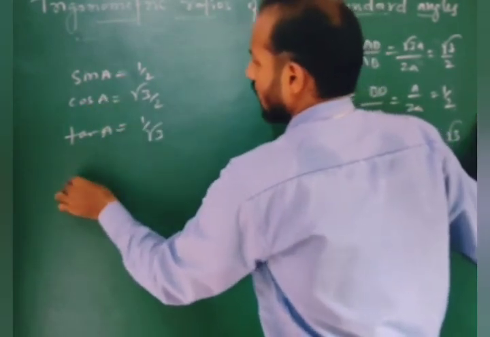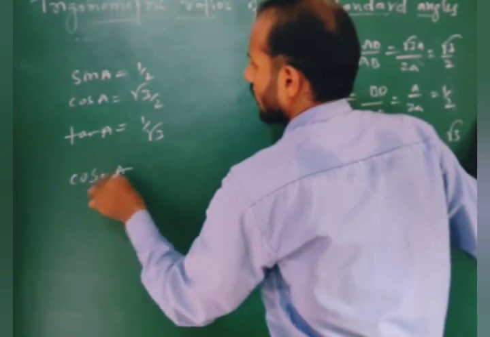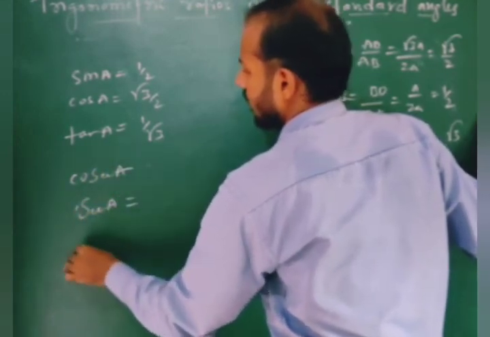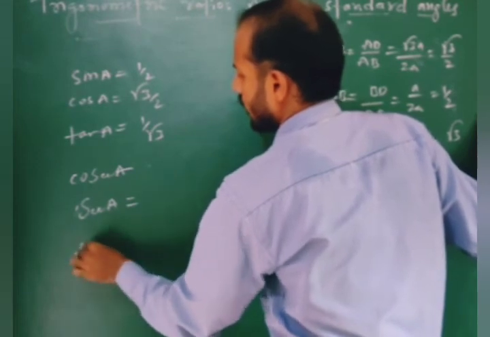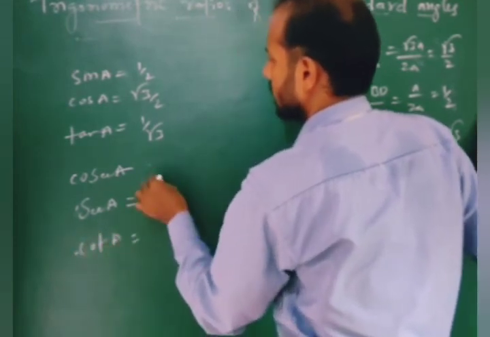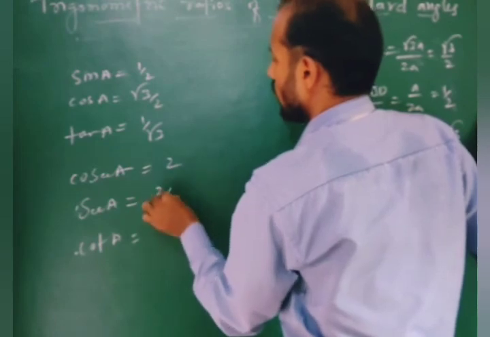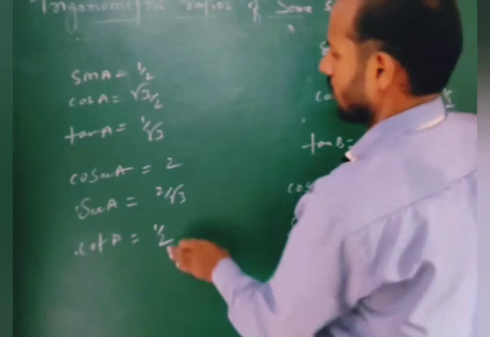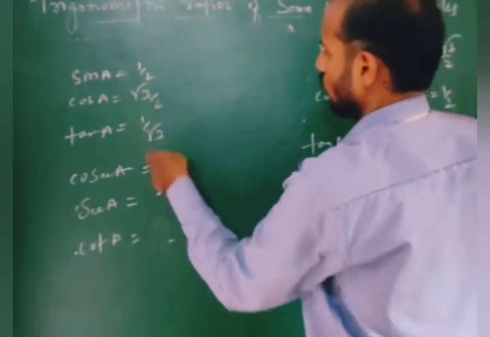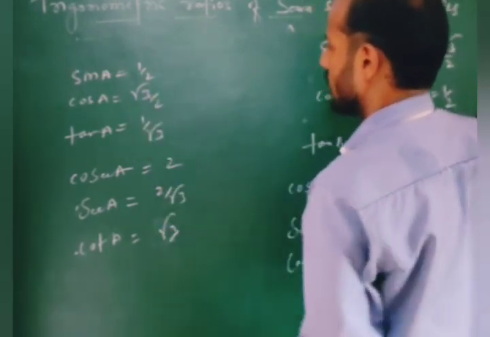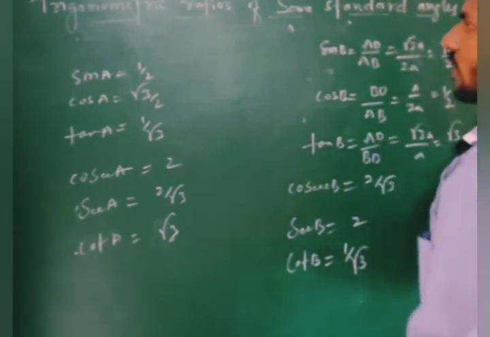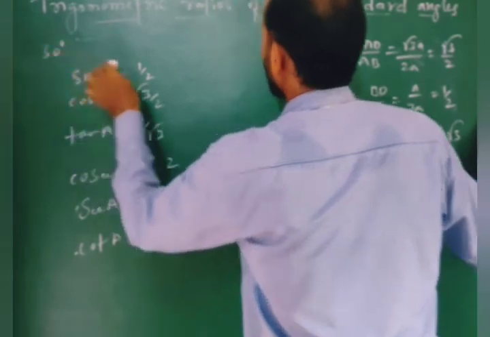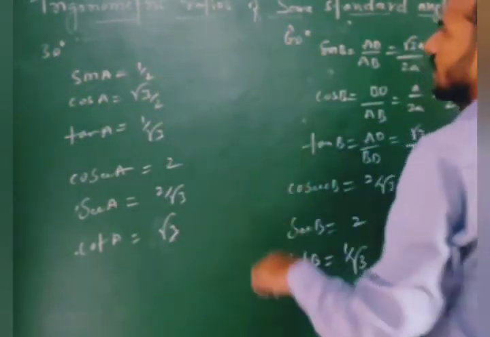The reciprocals, cosec A is 2, sec A is 2 by root 3, and cot A is just root 3. Just compare here. It is angle for 30 degree. This is 60 degree, right?